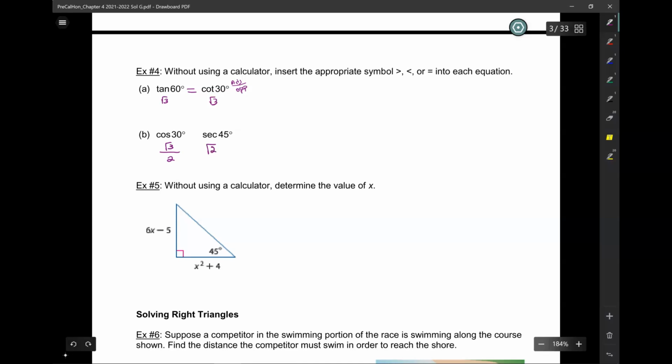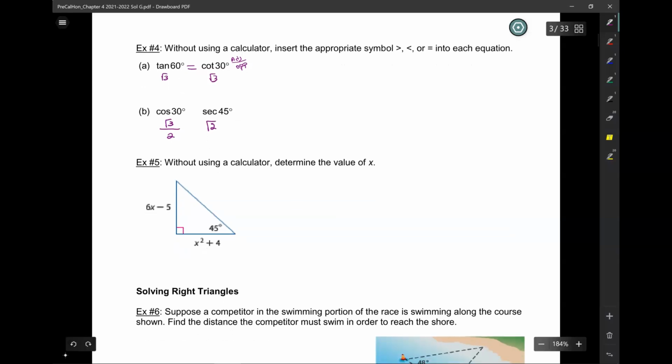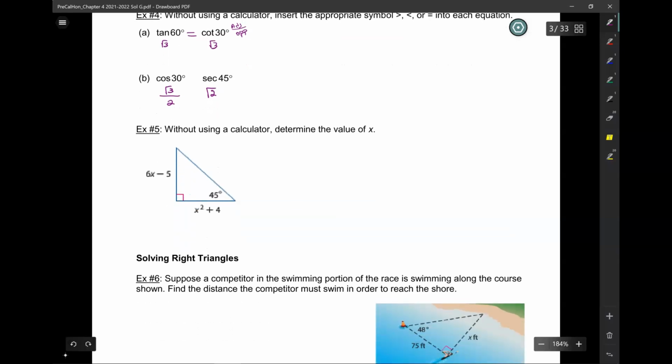Okay, now, I don't have a calculator, but I need to compare these two. To compare, I don't necessarily need to know what their decimal approximations are. So let's look at this. We've got these roots, right? Let's talk about roots for a minute. We have root 1, root 2, root 3, root 4.